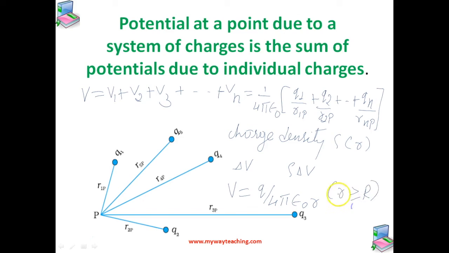Okay, where Q is the total charge on the shell and R is its radius, and the electric field inside the shell is 0, and this implies that potential is constant inside the shell, which means no work is done in moving a charge inside the shell. Therefore, it equals its value at the surface. That is, at the surface, the potential is given by 1 by 4 pi epsilon naught R into Q. Okay.